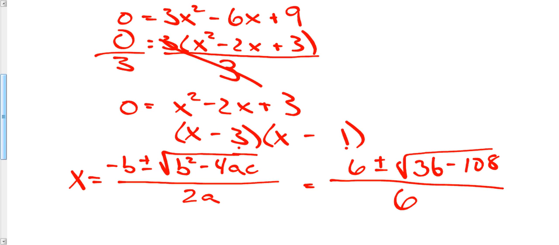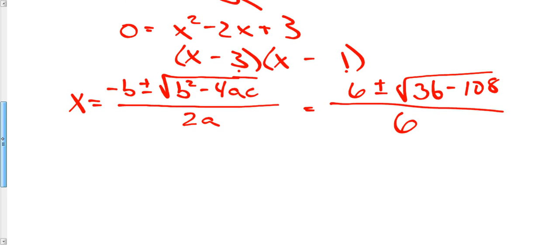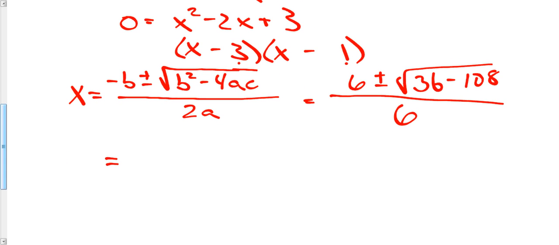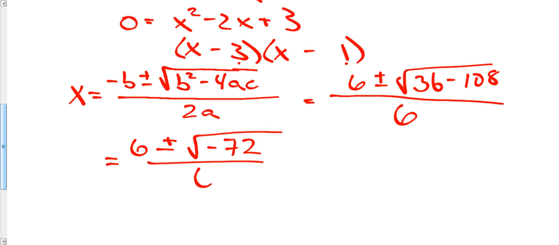How does this guy simplify? Equals 6 plus or minus the square root of what? Right? How many zeros does this have? 2. Why? Because you can't have a negative square. Right. So this guy, what do we call this guy right here?